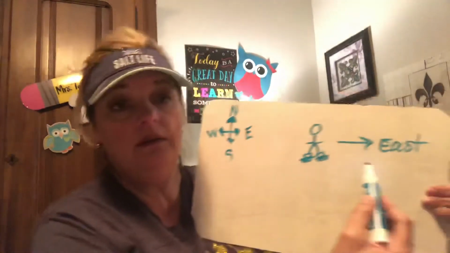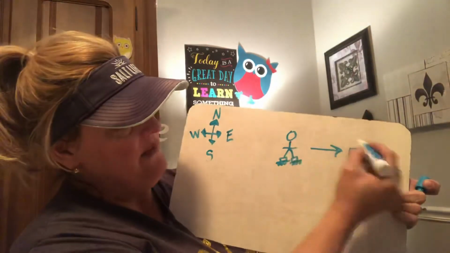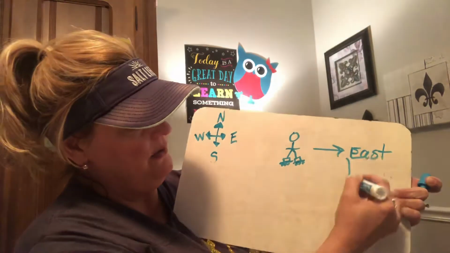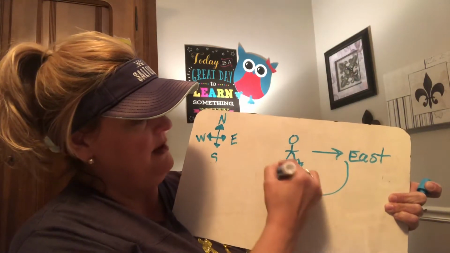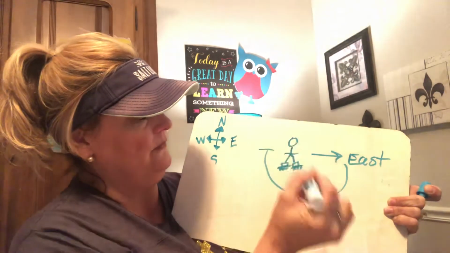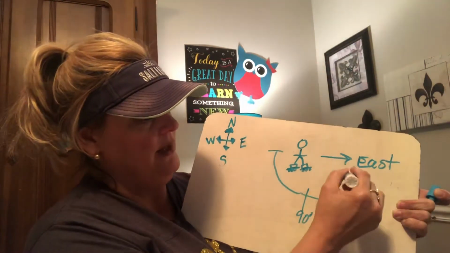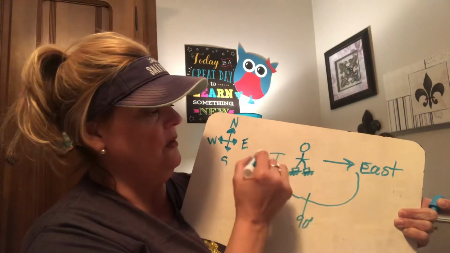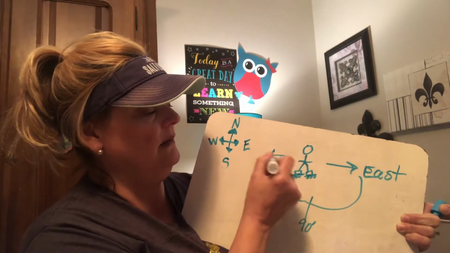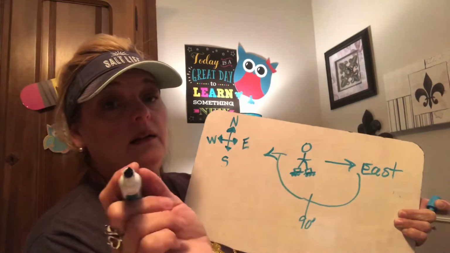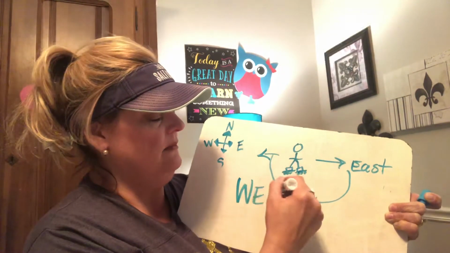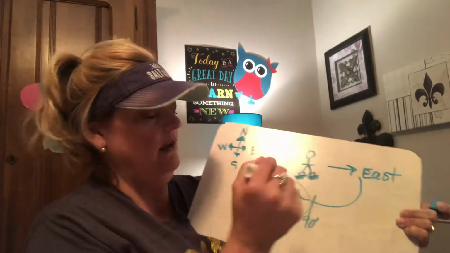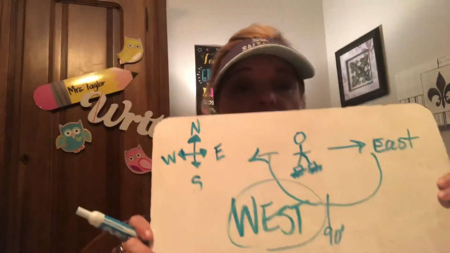So if I'm here, okay, I'm facing east, and I go here, that's 90, and I go another 90, so 90, 90s, 180. Which way is he facing? What is it? West. He then says, oh, I'm gonna skate the other direction. I'm gonna go west. Okay, all right.